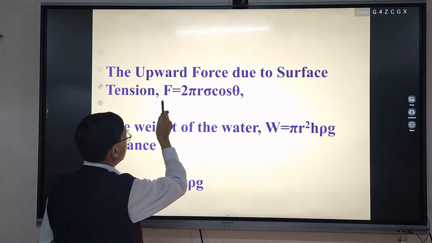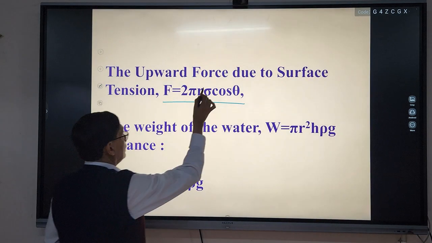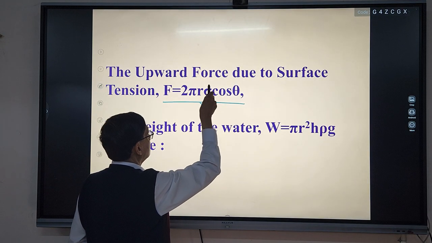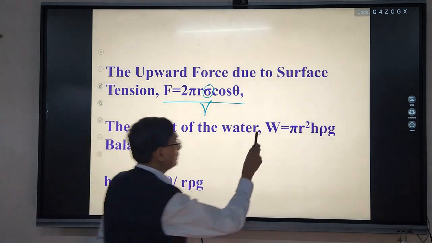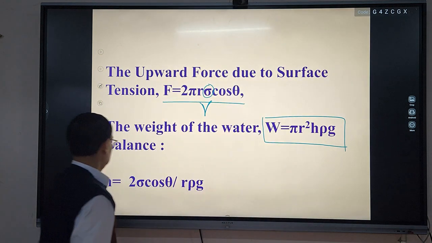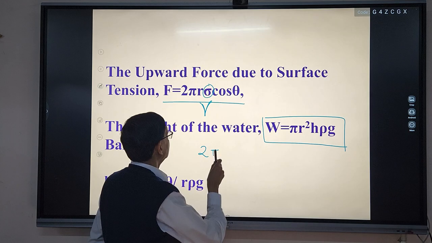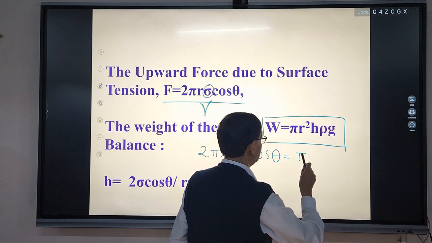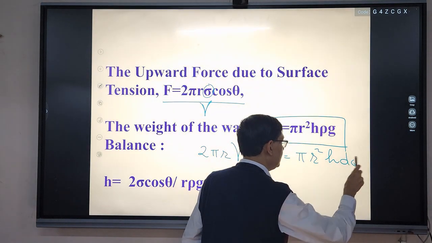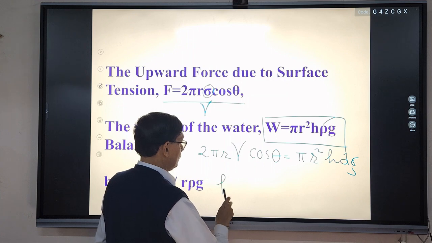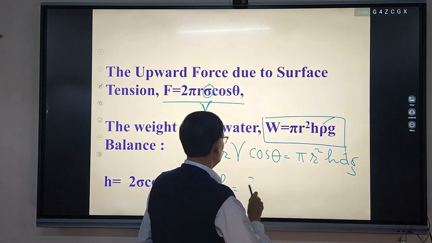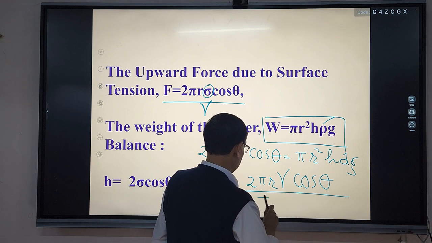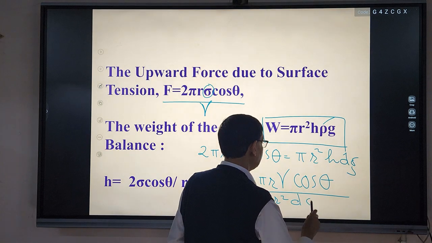Comparing these two, 2 pi r gamma cos theta is equal to pi r square h d g, so h is equal to 2 pi r gamma cos theta divided by pi r square d g.